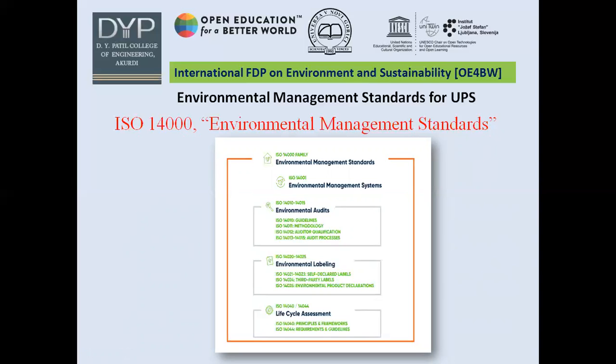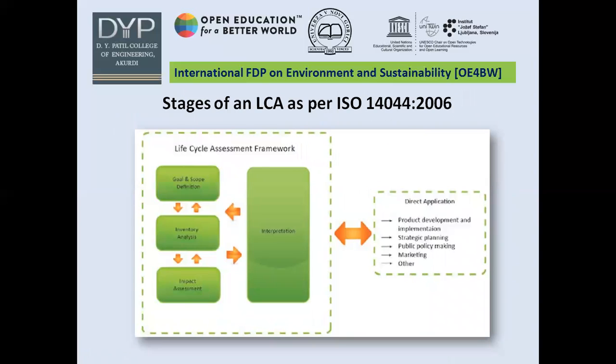These are the two standards which help us in framing the processes and calculating the life cycle assessment of a product. So the complete life cycle assessment as per these standards will be applicable to UPSs also. The life cycle assessment framework contains, first, goals, scope and definition.